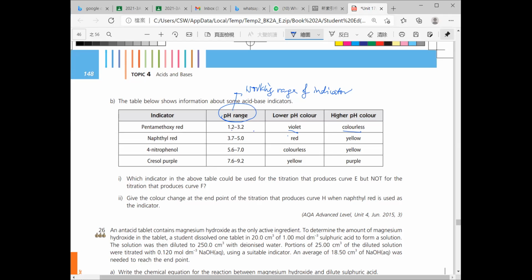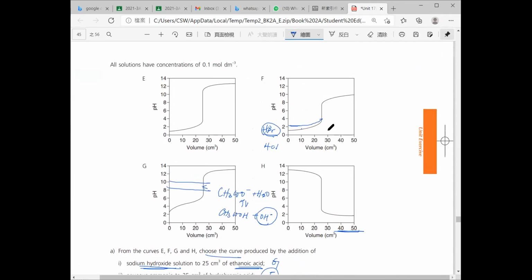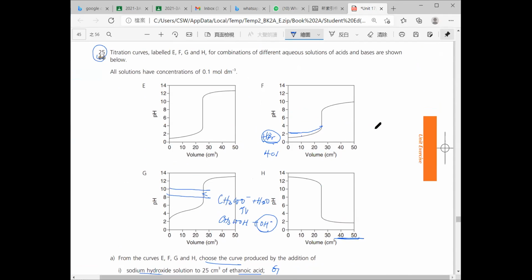Okay, so which one? Crescent purple. Why? Its pH working range of the indicator is 7.6 to 9.2, which falls within the vertical part of the pH titration curve.